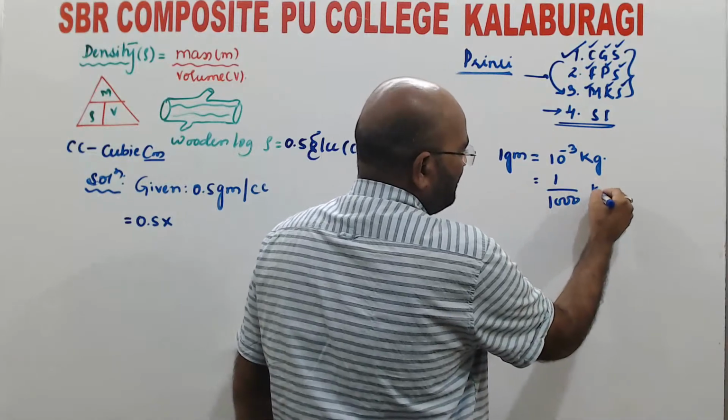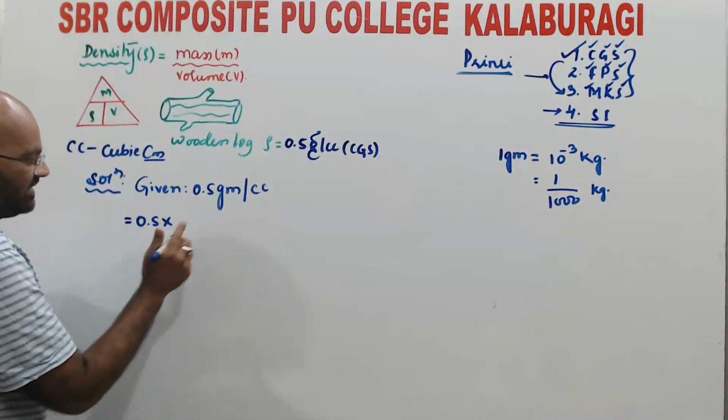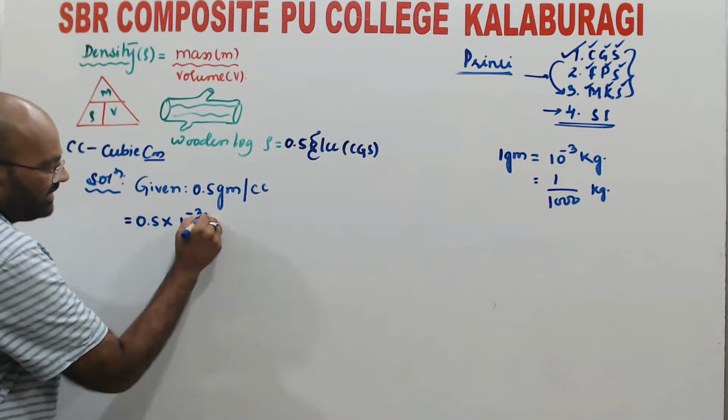So this is 0.5 into 10 raised to minus 3 kilogram.